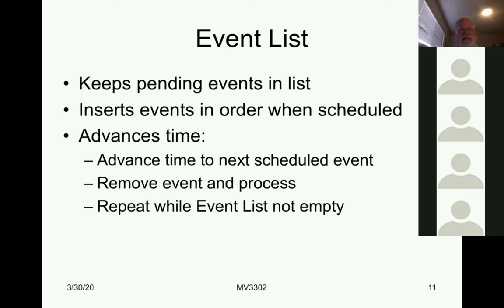So the event list, in addition to this sorted set, processes events by advancing time to the next scheduled event. It removes the event and then processes that event. That event, remember, is going to be defined by a state transition function. We'll see examples of this. And you just keep going on that until the event list empties out. At some point, the event list will have nothing more to do, in which case the simulation universe dies, if you can think of it that way.